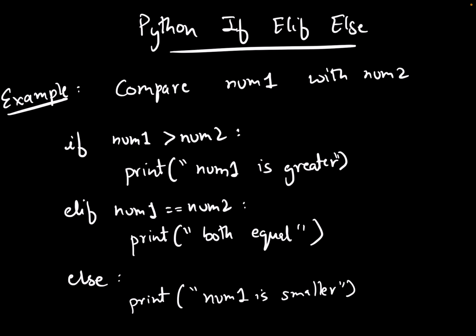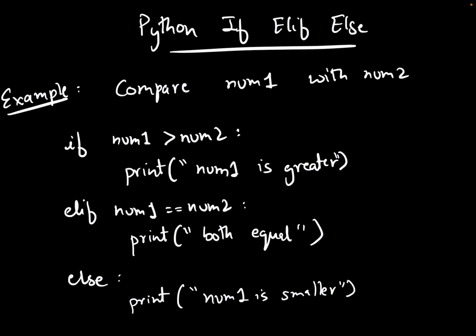So if num1 is equal to num2, then the computer will print both equal, which means both the numbers are equal, right? But if the first condition doesn't work and the elif condition also doesn't work, then the computer will go to the else condition, which says print num1 is smaller, right?